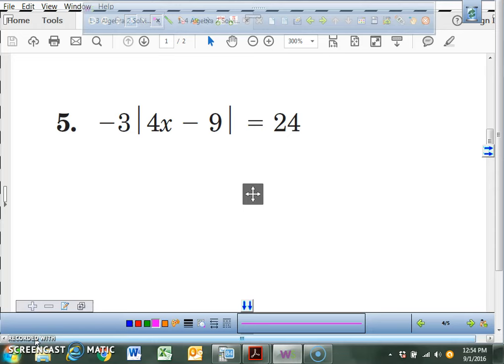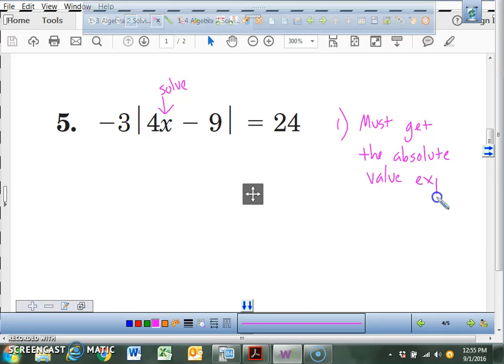Okay? We're basically trying to figure out what value of x, okay, that's what we're solving for, is going to make this statement true. But the number one thing you have to do first to start the problem is you must get the absolute value expression.